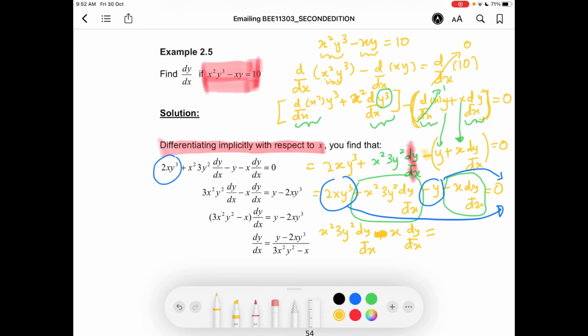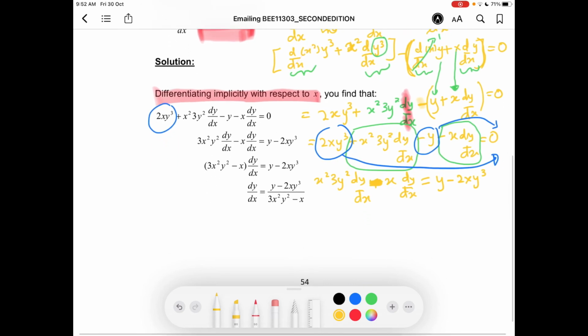So you will get y minus 2xy cubed. Once you get this, we factorize dy/dx: (3x squared y squared minus x) equals y minus 2xy cubed.